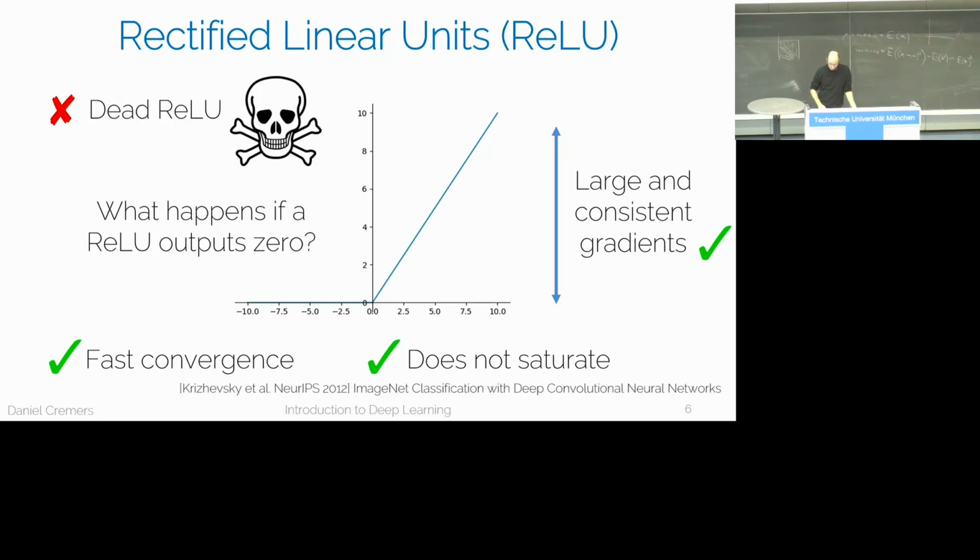But in the negative regime, often called the dead ReLU, if the input to the activation is negative, then the output is 0. Then you have no gradients, and then it doesn't learn. That's why often people revert to leaky ReLUs. But typically we see that ReLUs are good because they offer fast convergence, and at least for non-negative input they do not saturate.